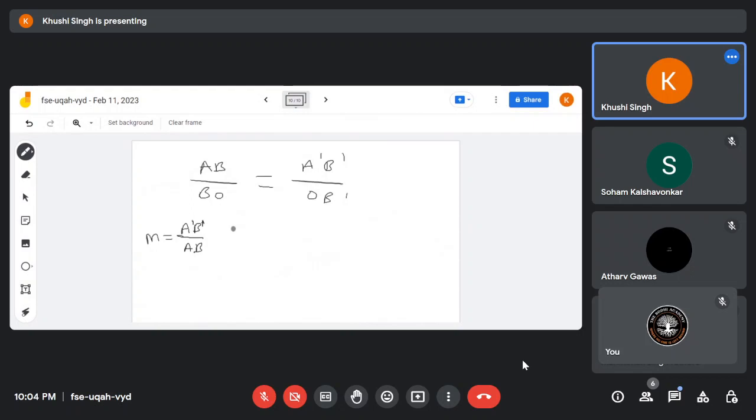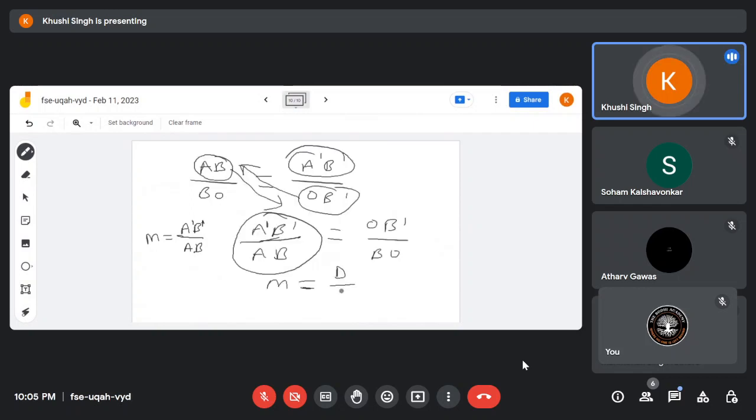So it will become A'B' upon AB equal to OB' upon BO. Simple as that. Yes. Now this is my magnification. Agree? So magnification is equal to, what is my OB'? That was D. And what was my BO? U. Both were negative.